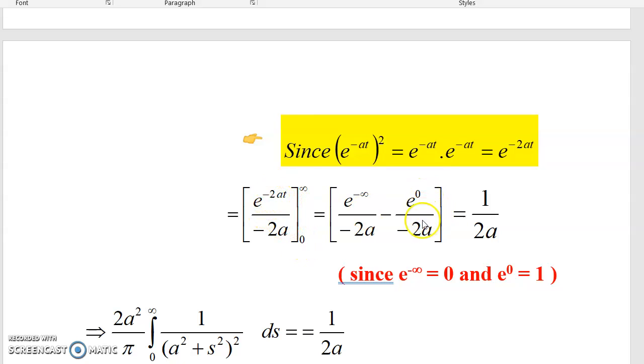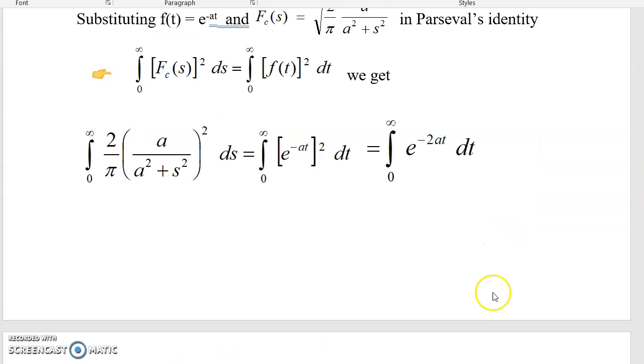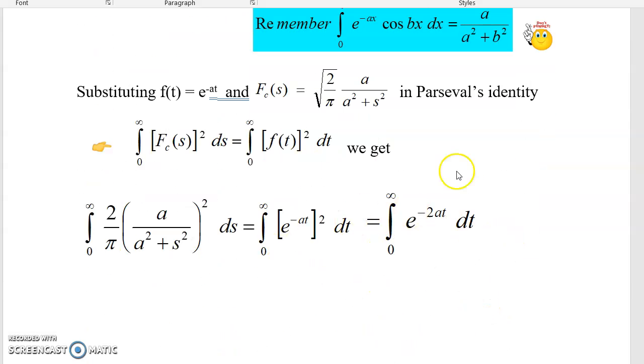So e power 0 divided by minus 2a. So upper limit minus lower limit. Now you know the basic values of exponentials. E power minus infinity is 0 and e power 0 is 1. So when you substitute, this becomes 0 and this e power 0 is 1, minus minus plus. So the answer is 1 by 2a. So this is the answer for this right side integration.